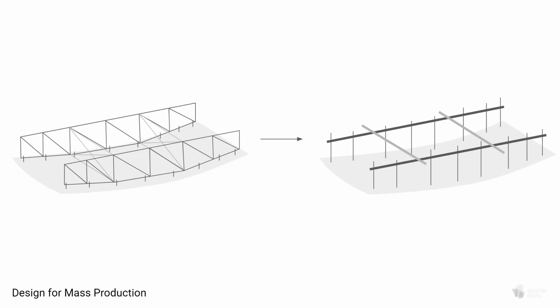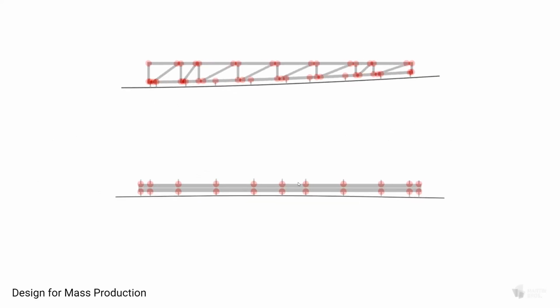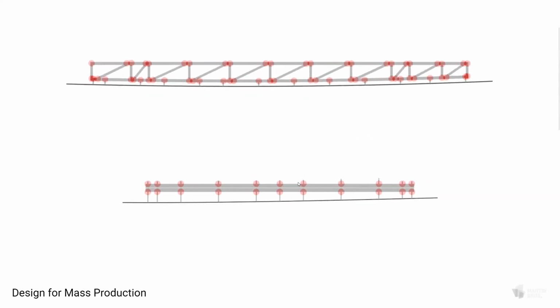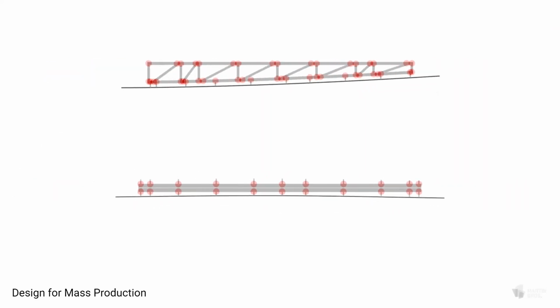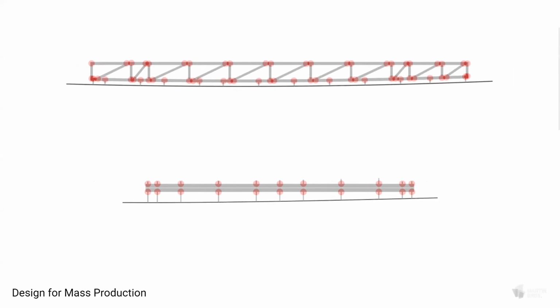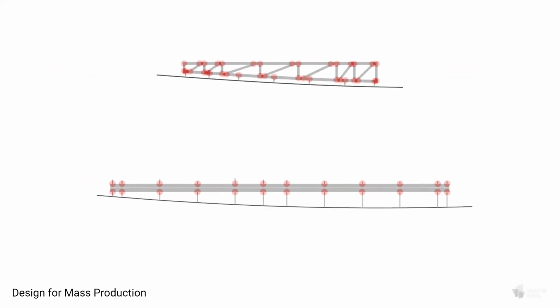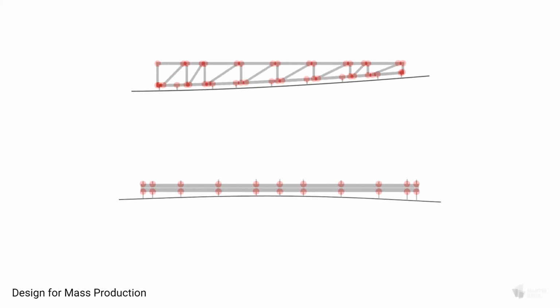It's an easy solution to simply waffle a complex surface to rationalize its substructure, but it's actually much harder to build. So here, each gray member represents a piece that has to be cut to a specific size, laid out specifically, assembled, and each red dot represents a connection that has to be made manually by our team.